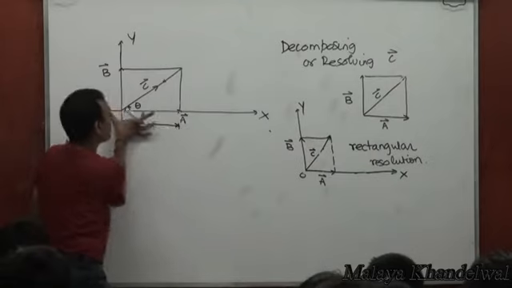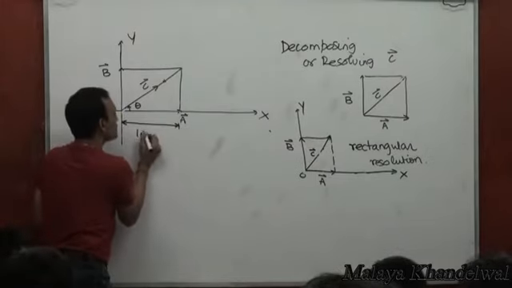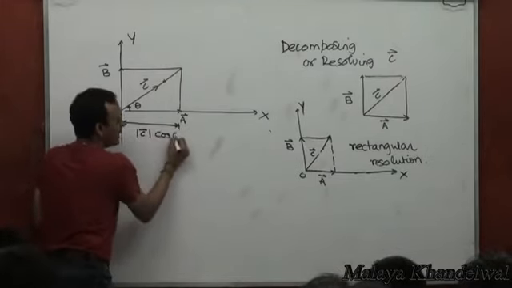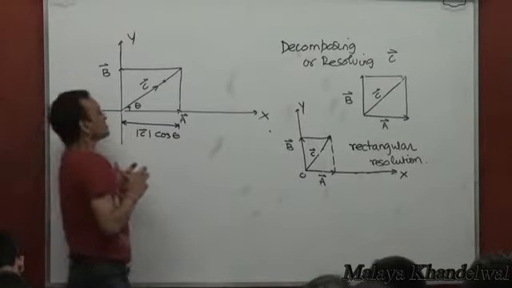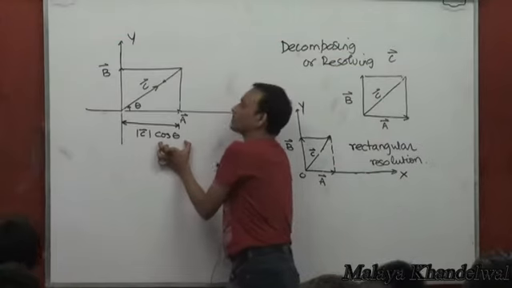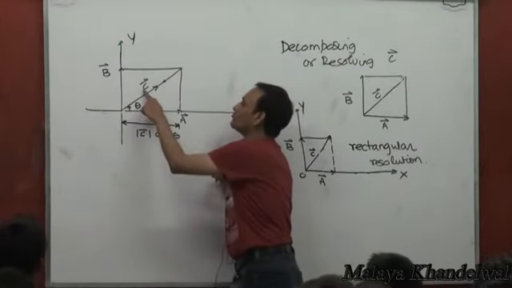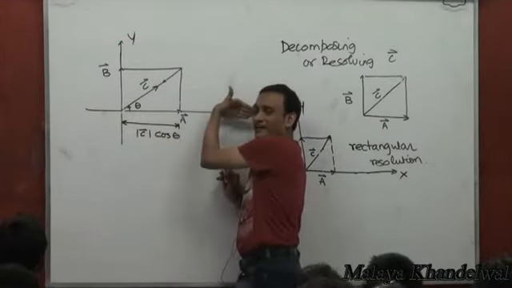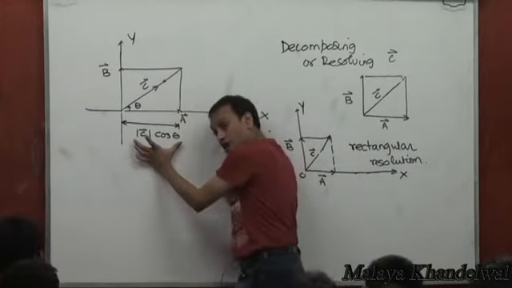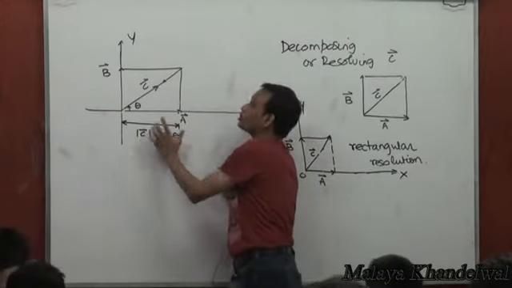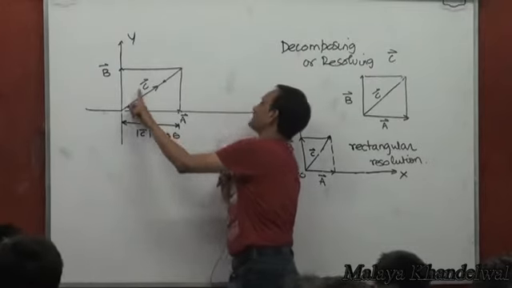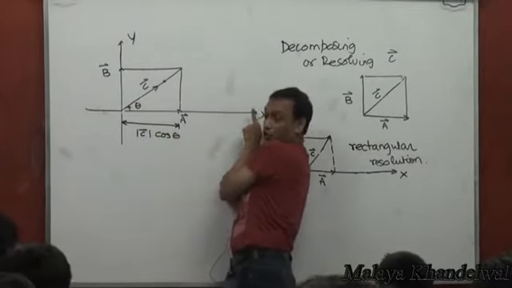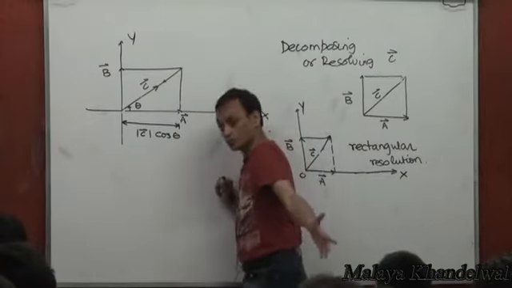How about it? Right? This mod C cos theta is called the component of the vector C along this direction. Yes or no?